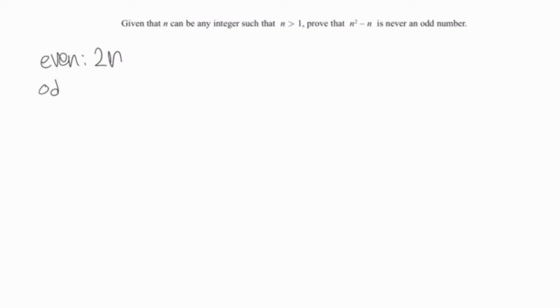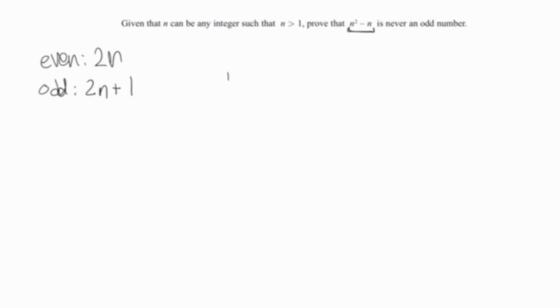Now an odd number can be represented by 2n plus 1, and this is just something you need to remember. So once you've written this down, you just use what the question's telling you. So we're told in the question, prove that n squared minus n is never an odd number. So we want to show that this is not an odd number.